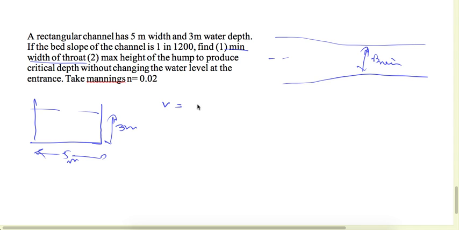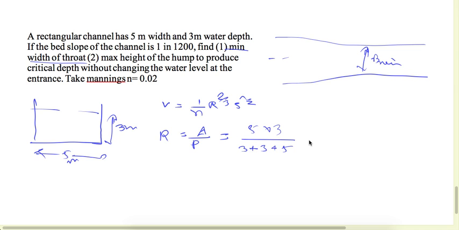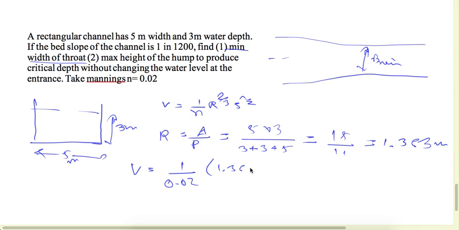Again here we have to find out the velocity using Manning's formula, V is equal to 1 by n R to the power 2 by 3 S to the power 1 by 2. R is equal to A by P, which is equal to 5 into 3 divided by 3 plus 3 plus 5, and so this is 15 by 11, 1.363 meter, and the velocity from here, 1.363 to the power 2 by 3 and 1 upon 1200 to the power 1 by 2.